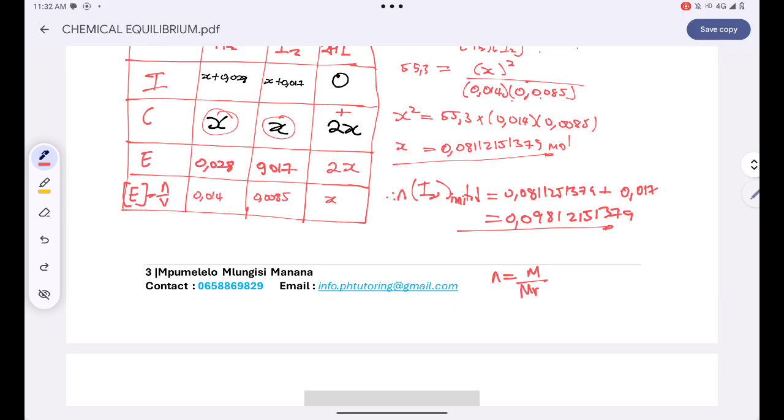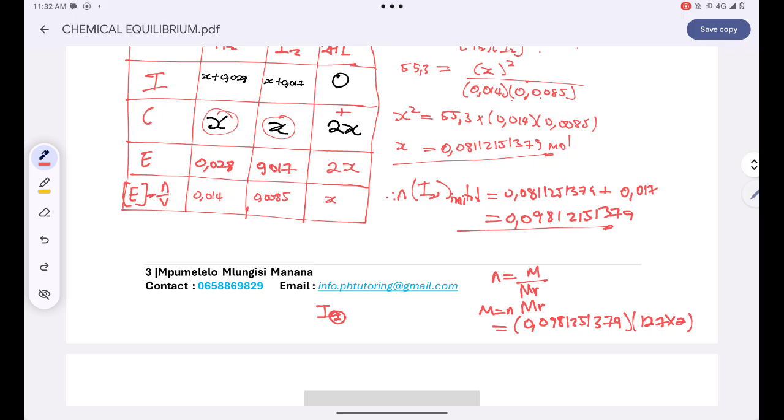We are looking for the mass. I know that mass will be the number of moles multiplied by the relative atomic mass number. That's 0.0981251379 multiplied by the molar mass of iodine, which is 127, but I have 2 of them. Remember that it's written as I2, so I need to multiply it by 2.